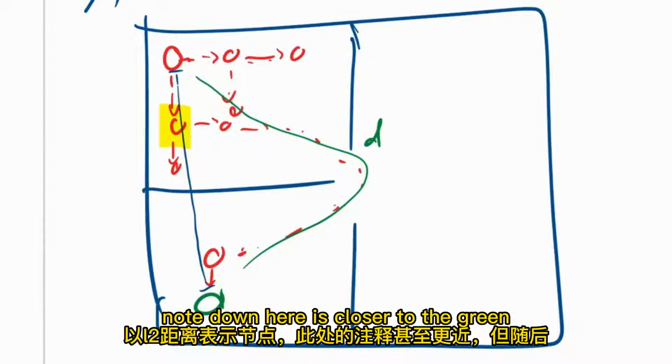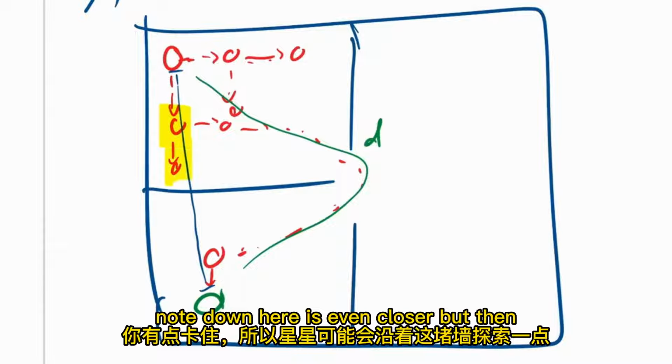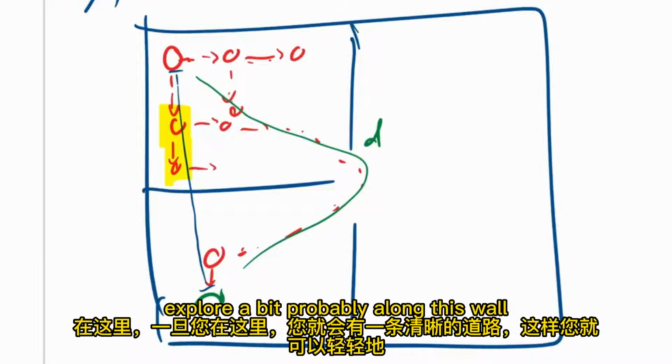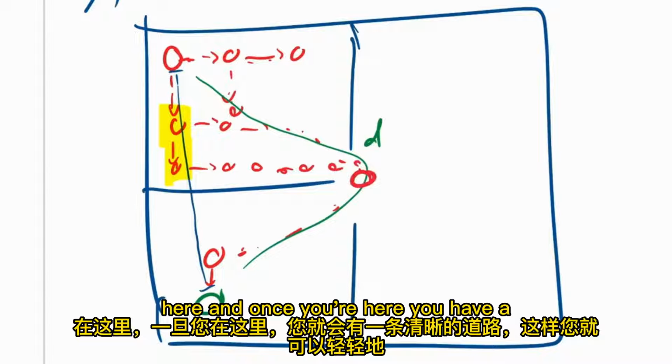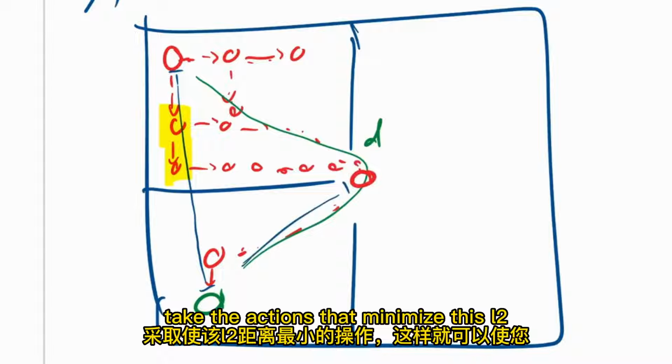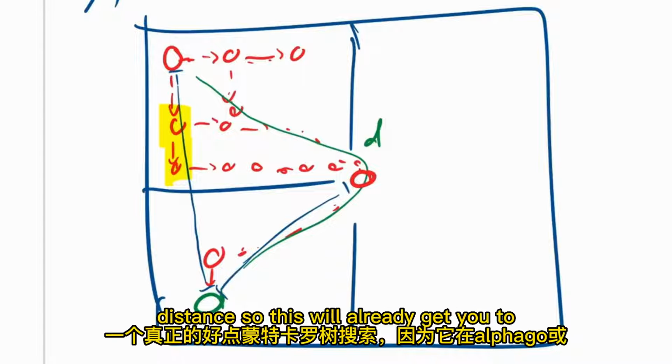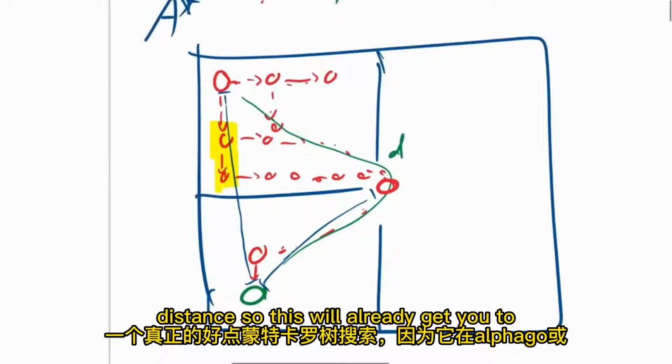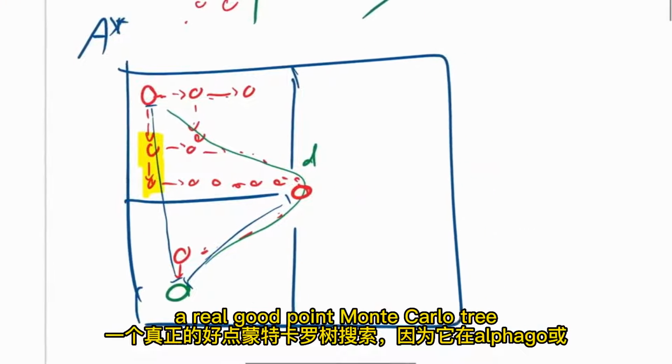So this node down here is closer to the green node in terms of L2 distance, and this node down here is even closer, but then you're kind of stuck. So A* will explore a bit, probably along this wall here. And once you're here, you have a clear path again. So you can simply take the actions that minimize this L2 distance. So this will already get you to a real good point.